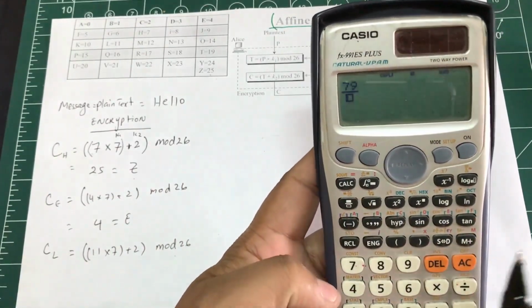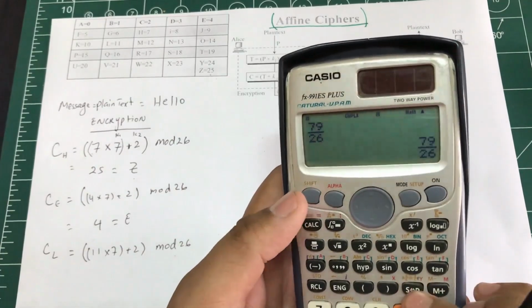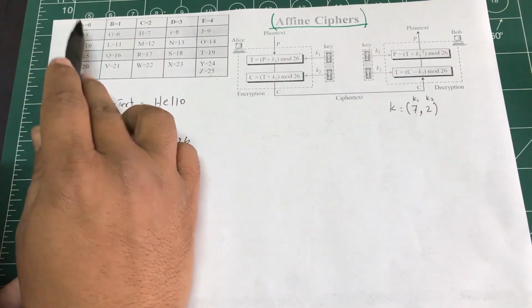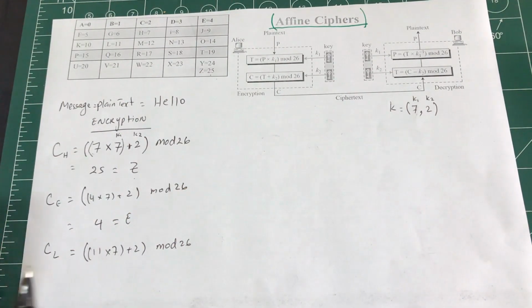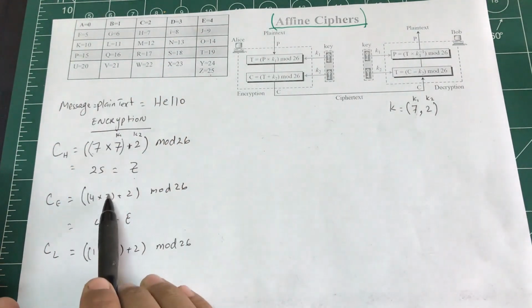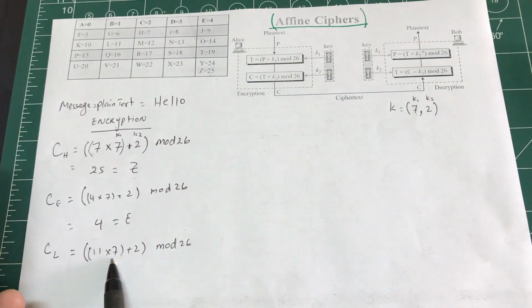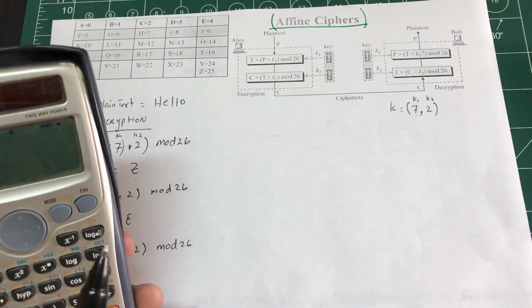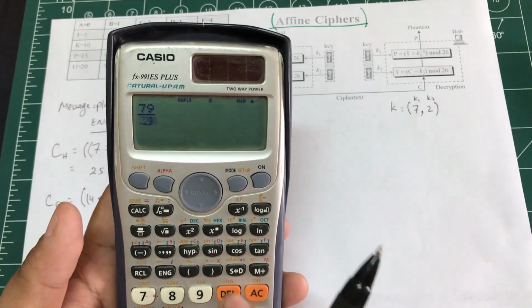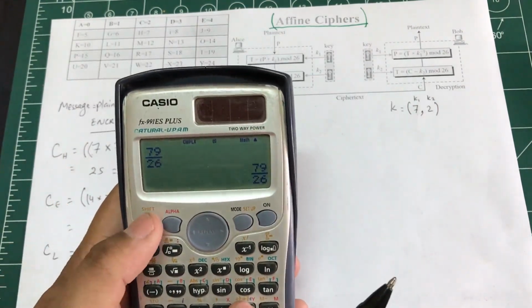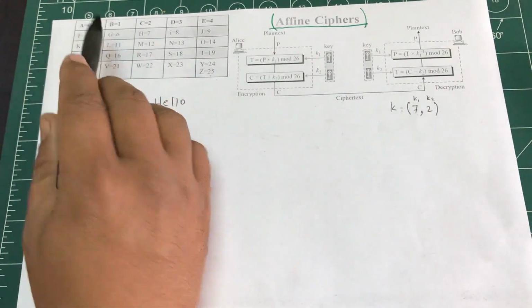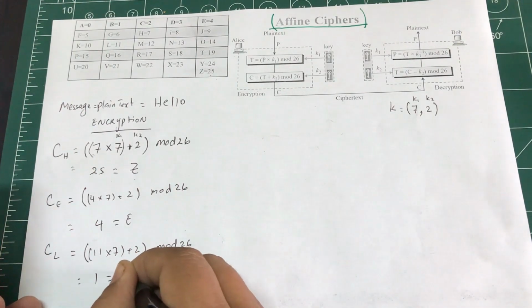So 79 divided by 26, shift, I get 1. So 1 actually corresponds to B. So L is B.